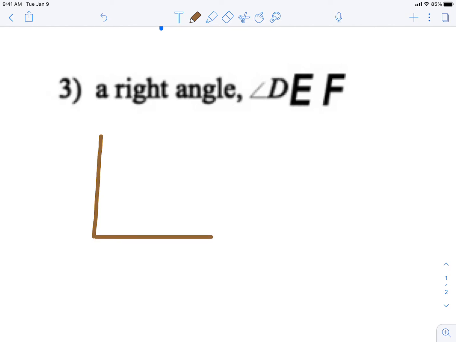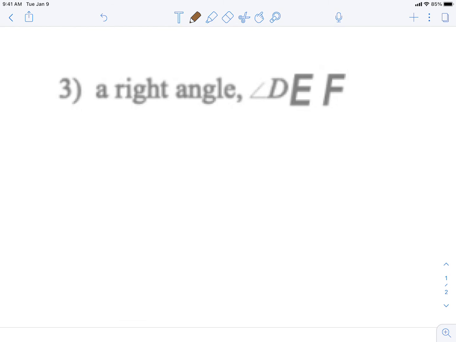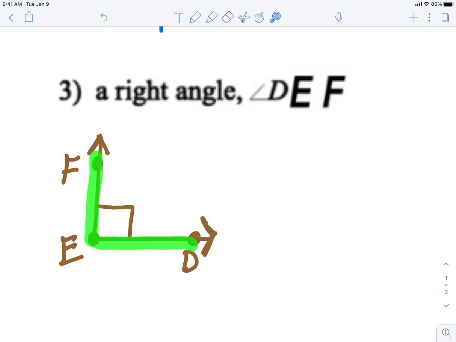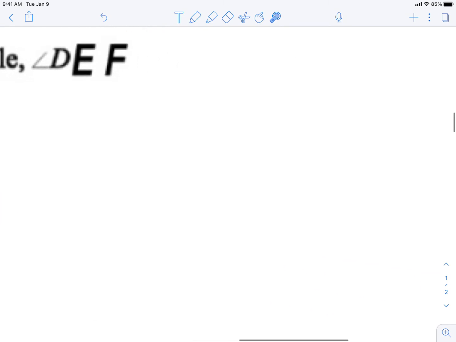And I remember my right angle has a box, and I put my point in the middle, and I do my arrows, and I do another point and another point. My middle point is E, so my E has to go right here, and D can go there, and F can go there. And that is right angle DEF.